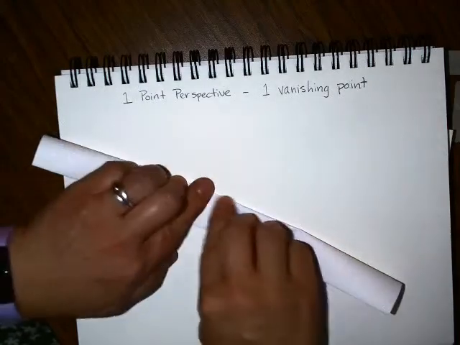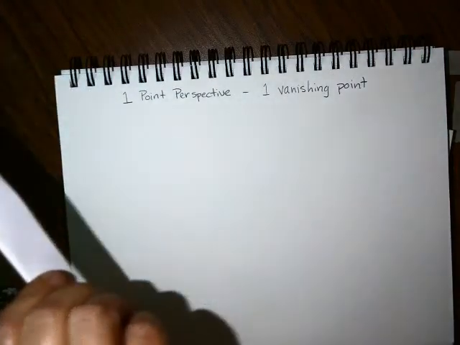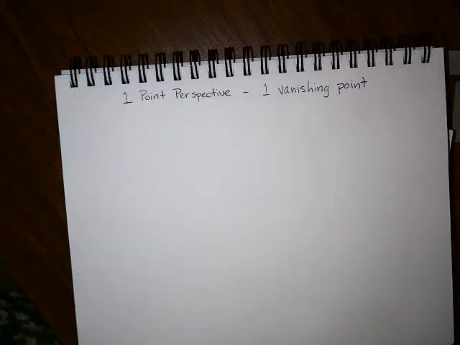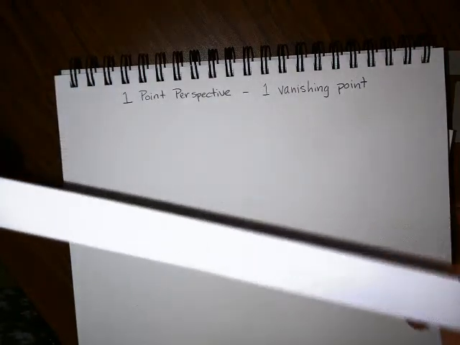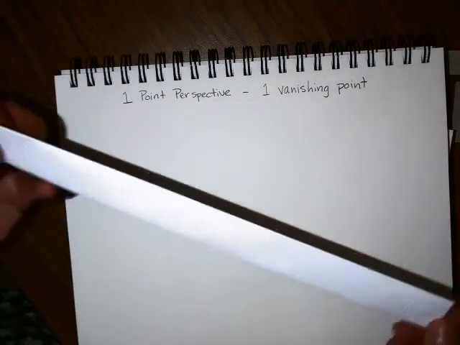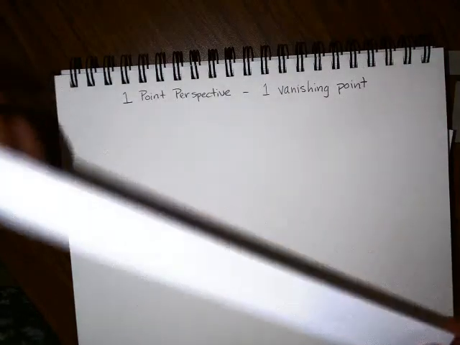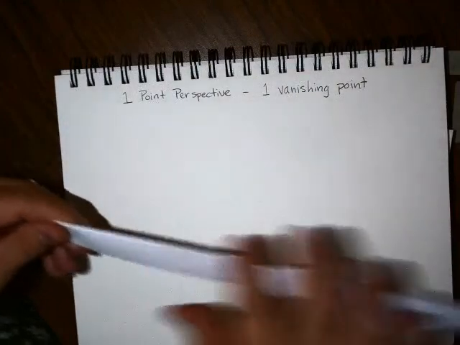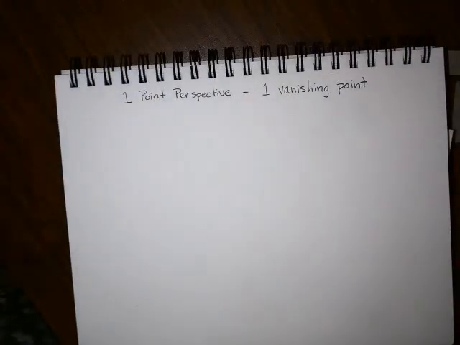The more times you fold it, the heavier it is. We're only looking for a straight edge right here. So I could use this to get my straight edge if I needed to. I happen to have a ruler.